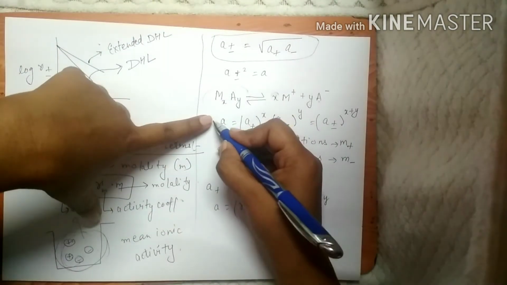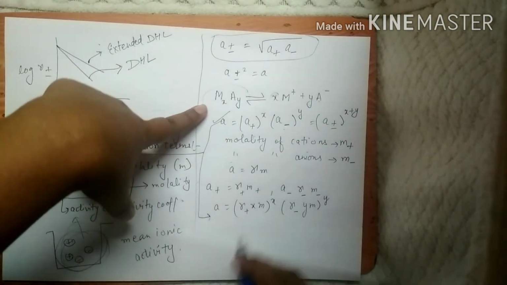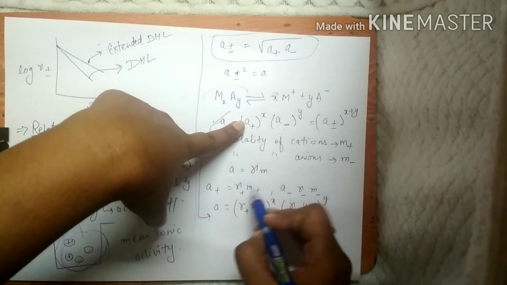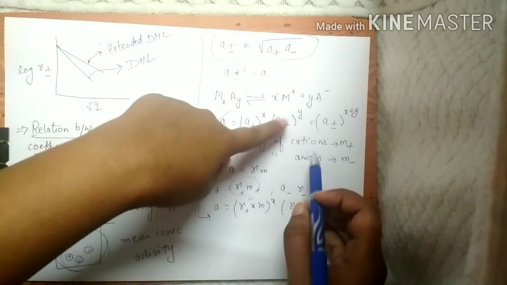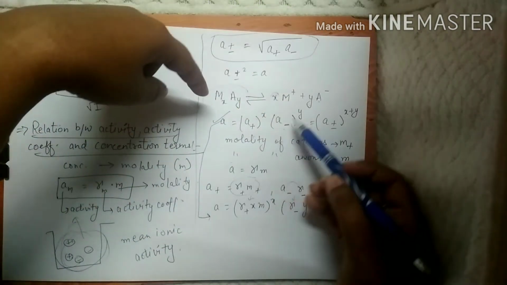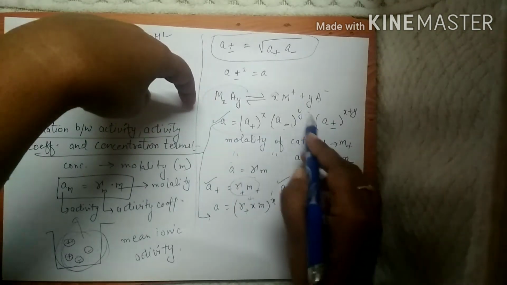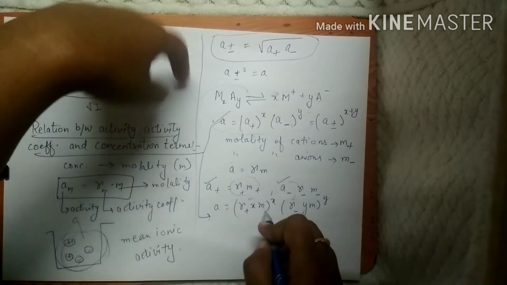I have taken this equation, and then I have put the value of A positive here and A negative here. Basically I have put this and this in this equation, so I have got this equation.